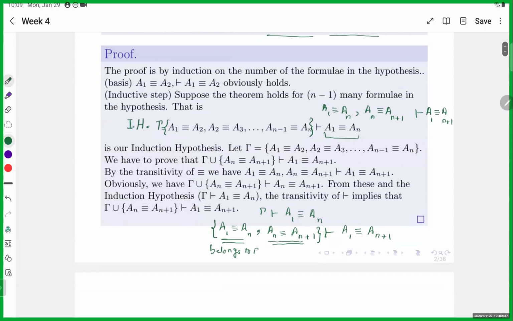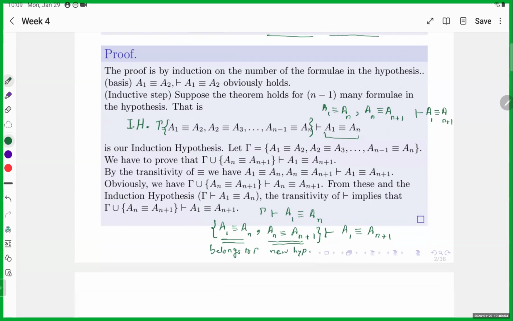So what did I say? This is the new hypothesis, right? It's a new hypothesis. But gamma doesn't prove this, but we are not writing a gamma proof.